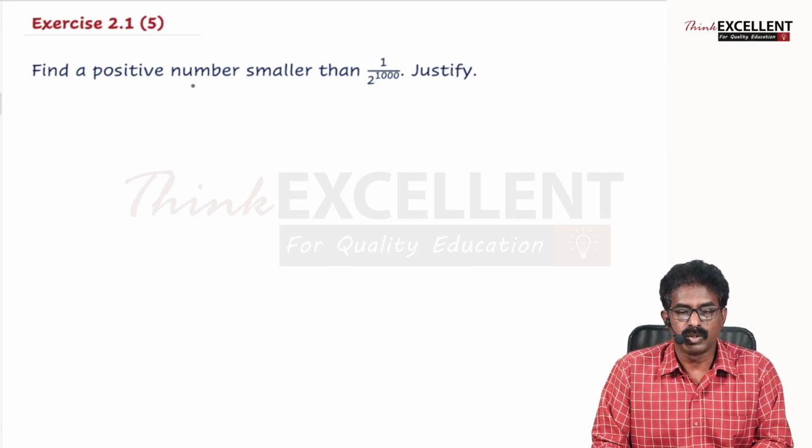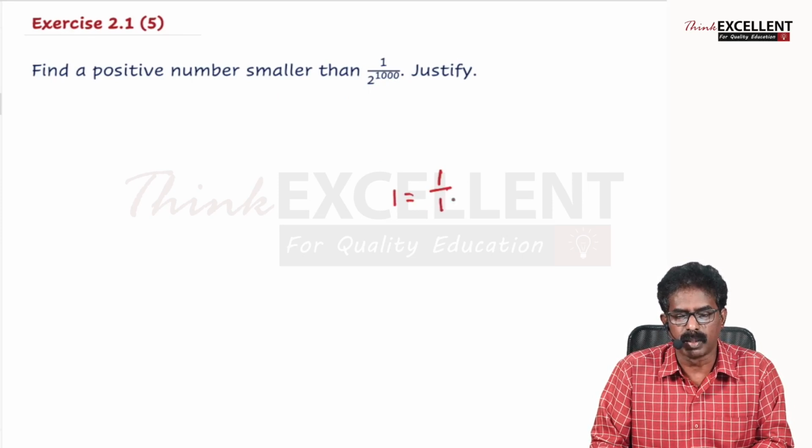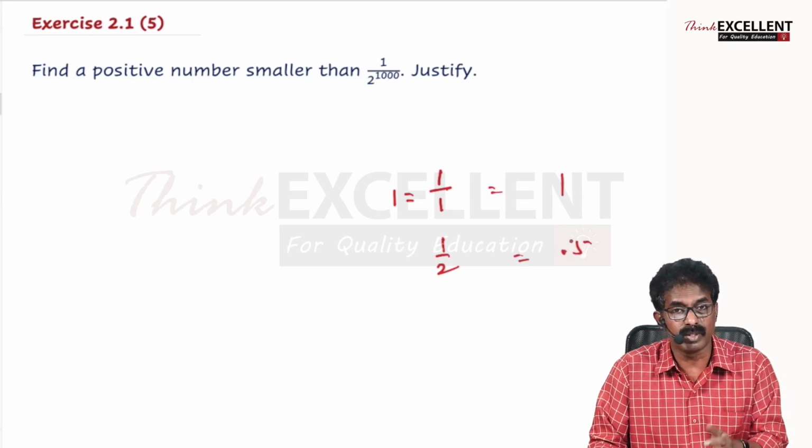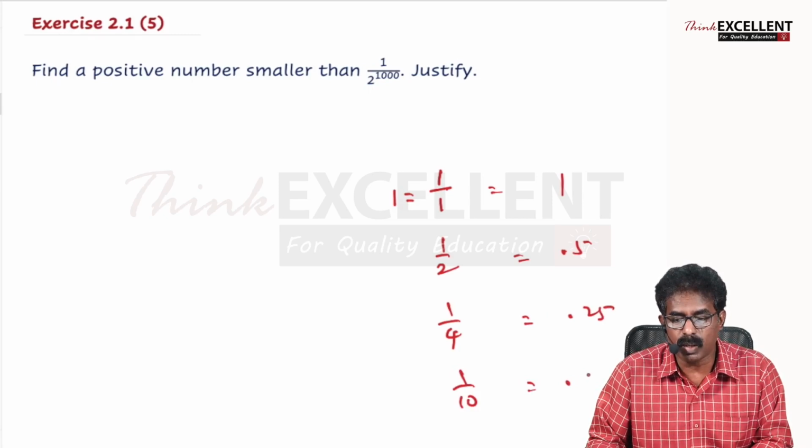Find a positive number smaller than this. Please listen here. 1 means 1 by 1, right? So it is 1. If I take 1 by 2, it is 0.5. The value is decreasing, right? If I take 1 by 4, it is 0.25. If I take 1 by 10, it is 0.1, right?